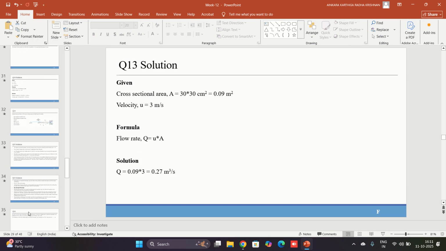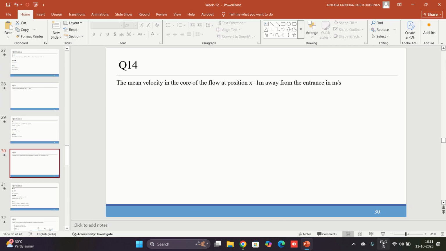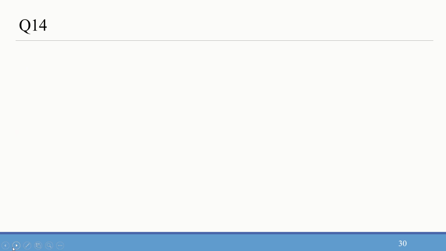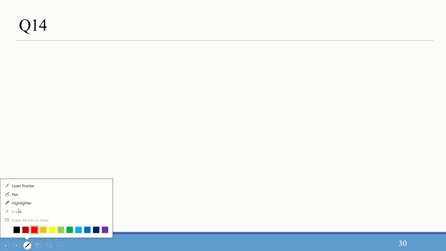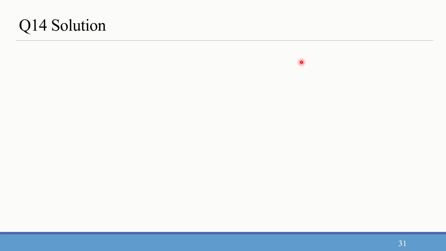Okay, it is here. In question 14, what is asked is the mean velocity in the core of the flow at a position of x equal to 1 meter away from the entrance in meter per second is dash. And we'll see how to do that.